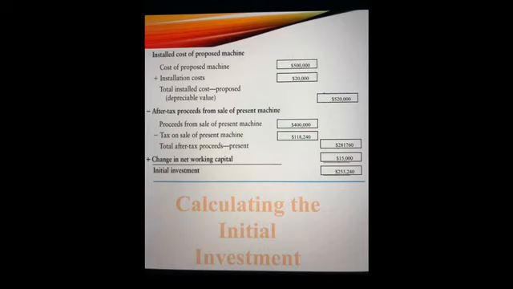When you subtract those two, you get 238,240. Then you add $15,000 and you finally get your initial investment, which is 253,240. That will be your initial investment.